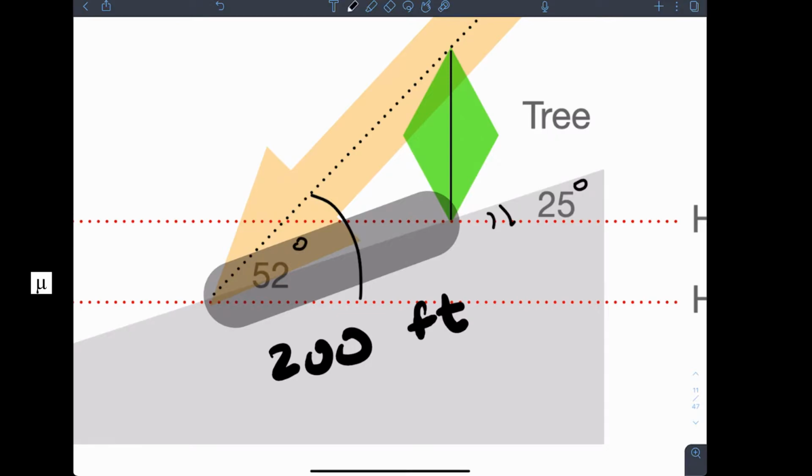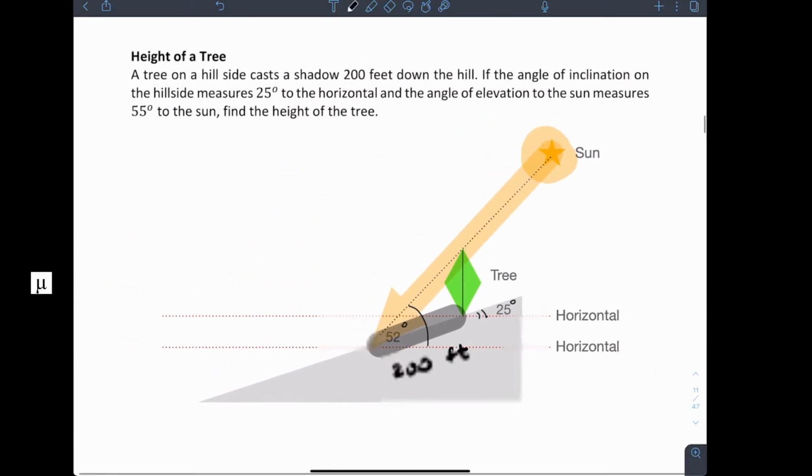As you guys can see, we're starting to create a triangle there, right? So, let's read some more. They give you something called an angle of inclination. What do you think that is? It's the angle of incline on the hillside. The angle of inclination on the hillside measures 25 degrees to the horizontal.